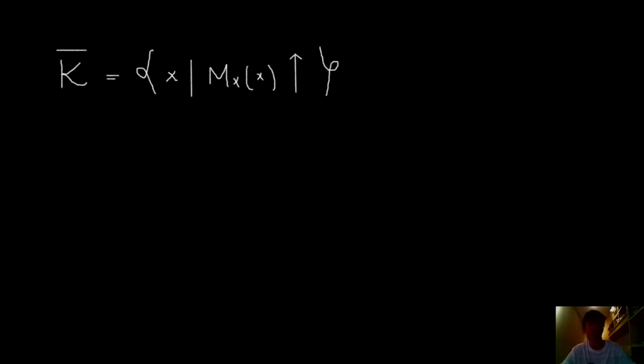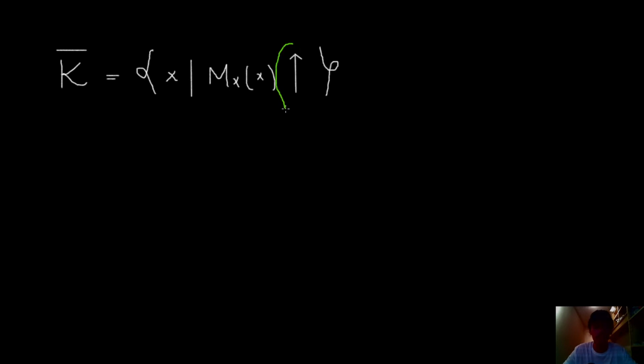So let's first remember what the problem complementary K is. We have seen along these lessons in this section that we have the problem K, which is basically the set of programs that stop with input themselves. So the problem complementary K is basically all the programs that do not stop with input themselves.